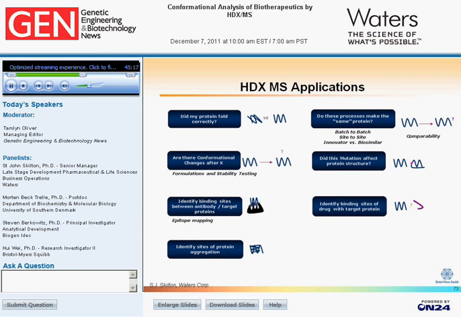So there are many potential applications for this technology, and they are listed on this slide, such as to study whether a protein has folded correctly or not, or whether certain processes make the same protein or not. For example, in the batch-to-batch comparison, or site-to-site comparison, or even the comparison between innovator versus biosimilar. And we can also use HDX-MS to study if there's any conformational changes after certain treatments, such as in different formulations and during stability testing.